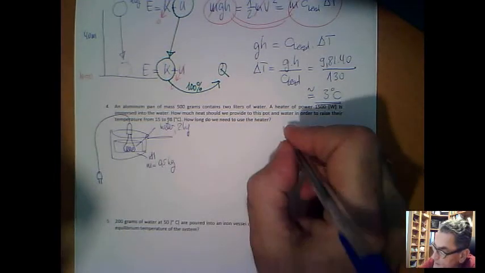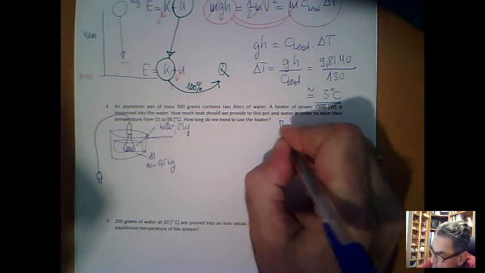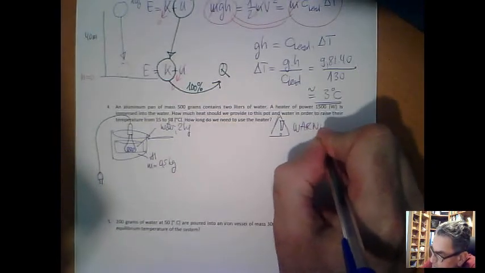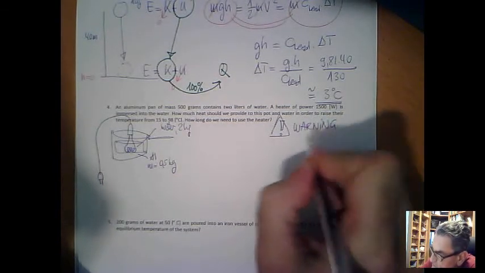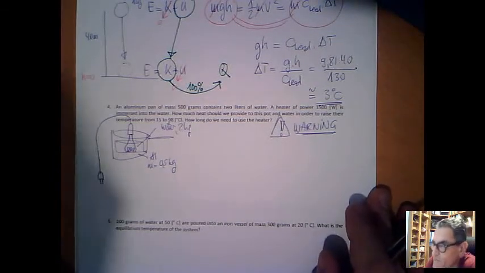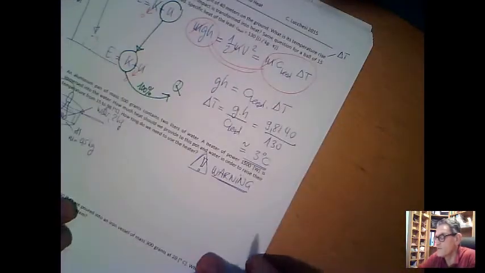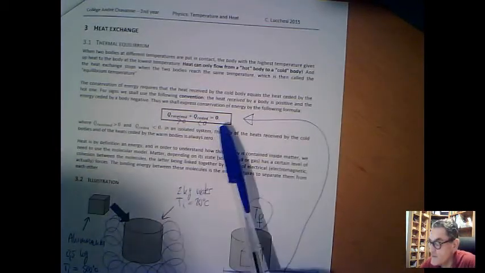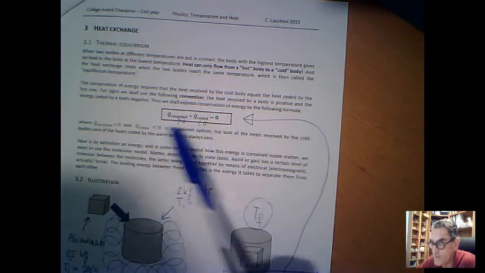Okay. I have to make here an important warning, because from my experience, students easily make the following mistake. Students think that every problem we have in thermal physics is of this type. Okay, this is an equilibrium problem.